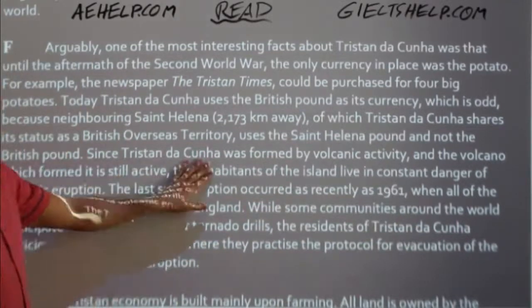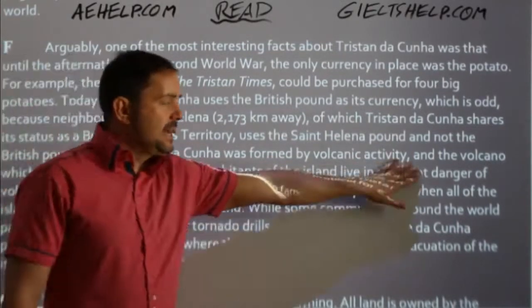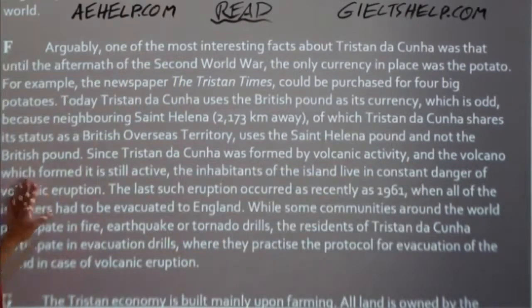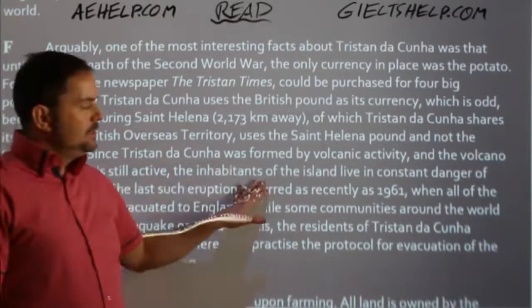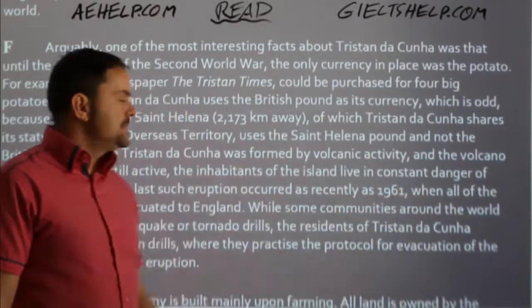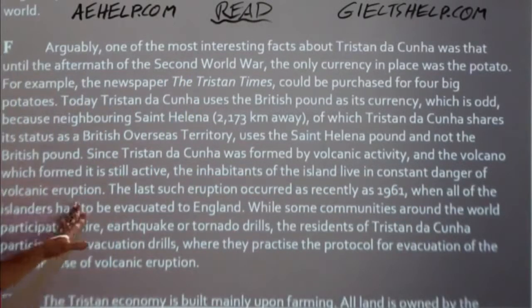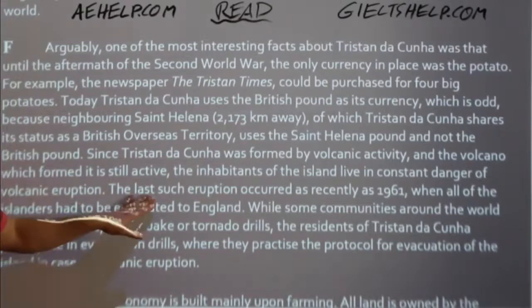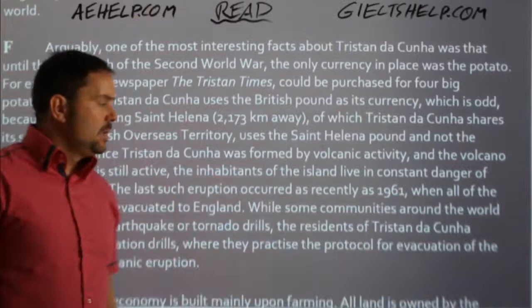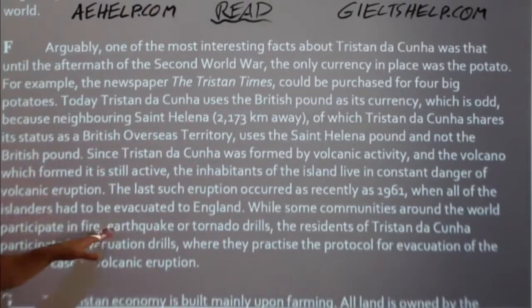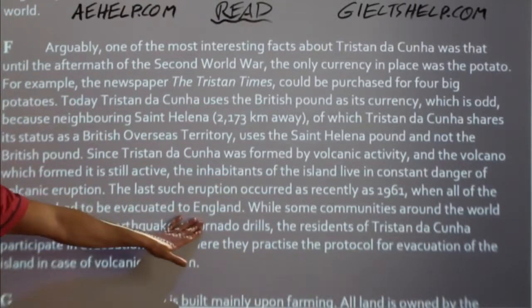Since Tristan da Cunha was formed by volcanic activity, and the volcano which formed it is still active, the inhabitants of the island live in constant danger of the volcanic eruption. The last such eruption occurred as recently as 1961, when all of the islanders had to be evacuated to England.